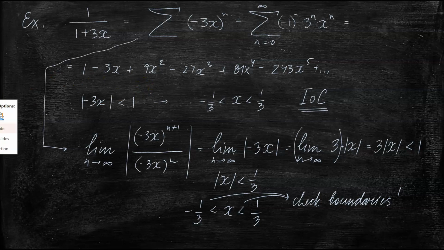Let's do another example. Let's do 1 over 1 minus x cubed. So let's find the power series representation for this function, and in this case what is star has to be set equal to x cubed.